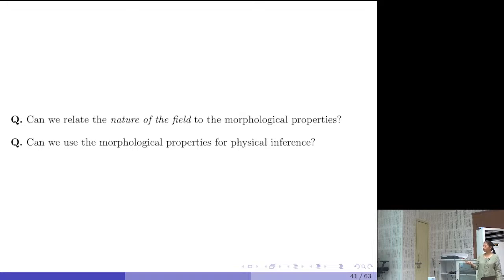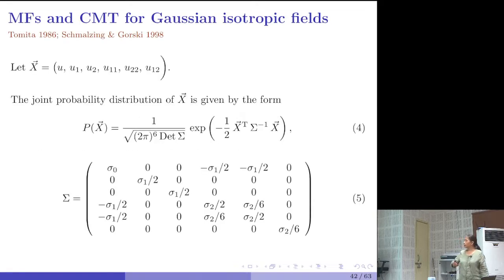And the second question is, of course, how can we use this for physical inference, which I hope to cover in the next lecture. Okay, so let us now discuss a little bit about calculating analytic expressions.